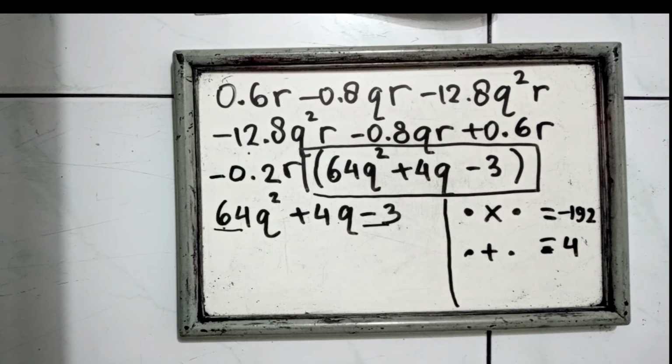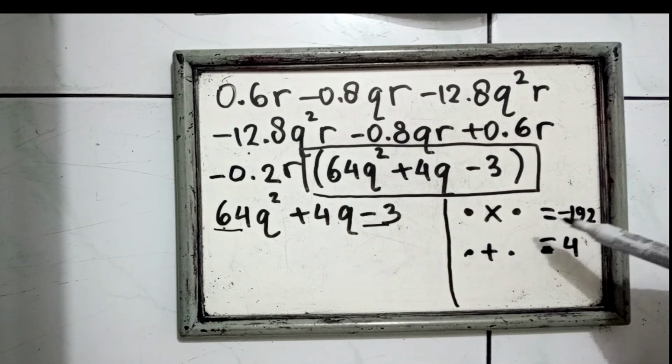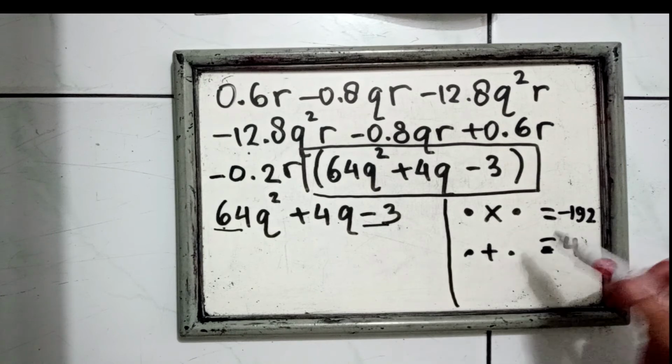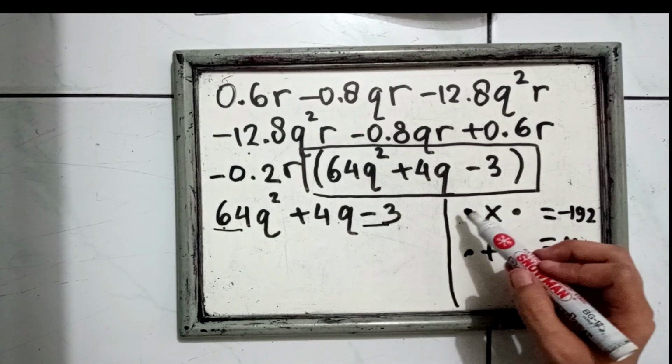Okay, let's find it. If we choose 1 and 192, of course it will be too big. 1 times negative 192, when we add it, of course it will not be 4. Let's directly start. Maybe we can try multiplication of 12. So 192 divided by 12, we can get 16.